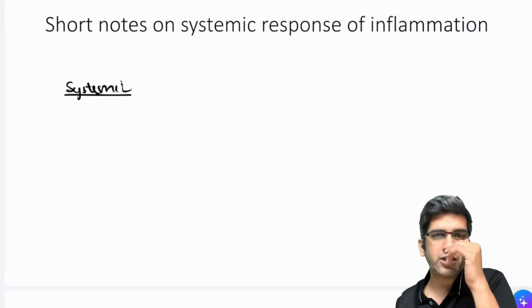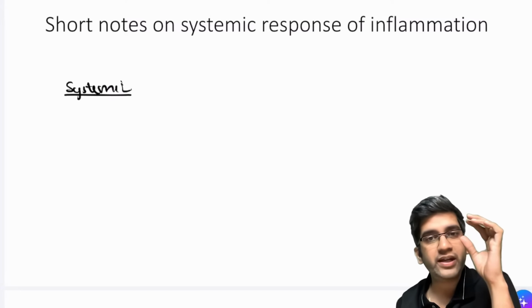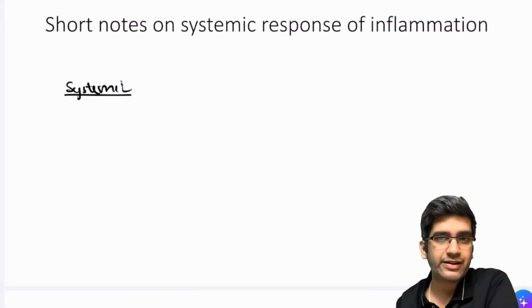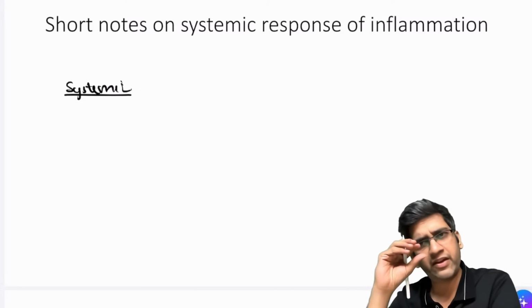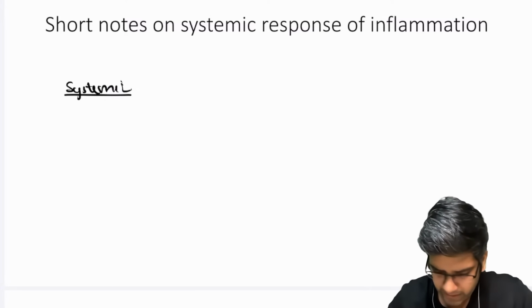Okay. Systemic response: though cytokines are meant to act in a paracrine fashion, some cytokines exert a systemic reaction. Collectively, we call it an acute phase response. Everything is called an acute phase response. That's all, right?